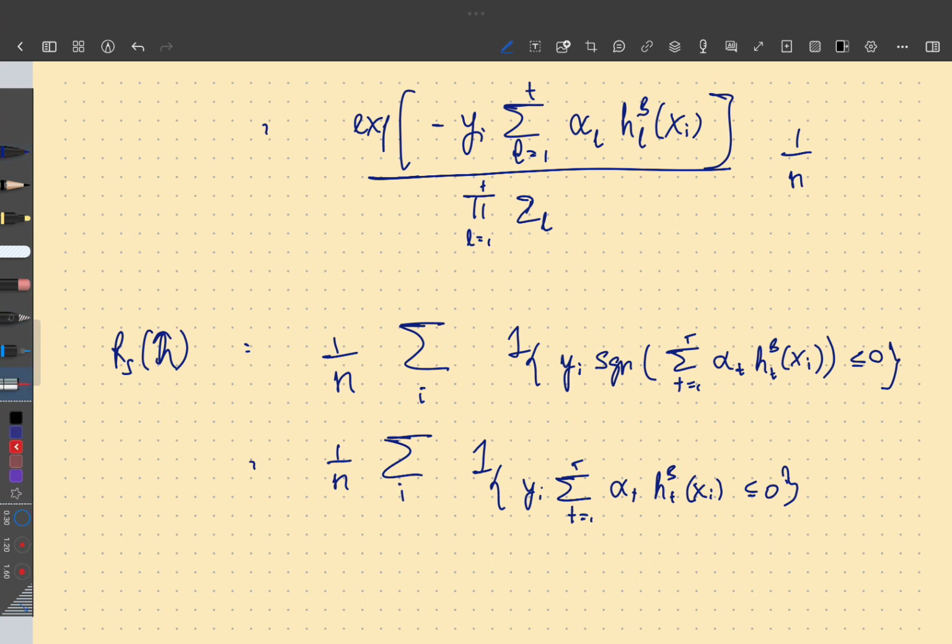Right, because anyway we're looking at just the sign. If yi times the sign of this is negative, then yi times the quantity itself should be negative. Right? This can happen if and only if this is negative, then this is negative, and vice versa.